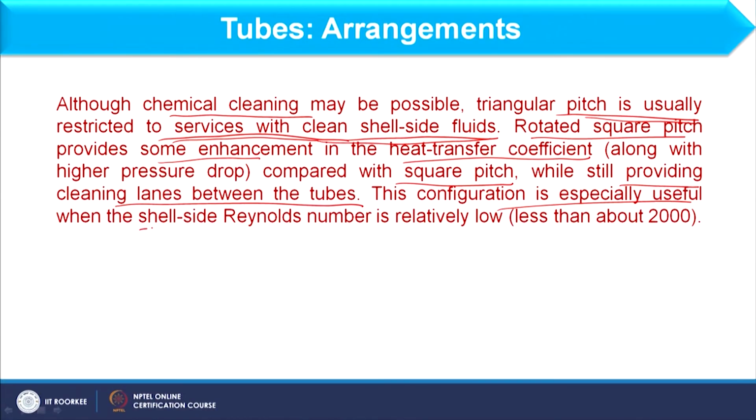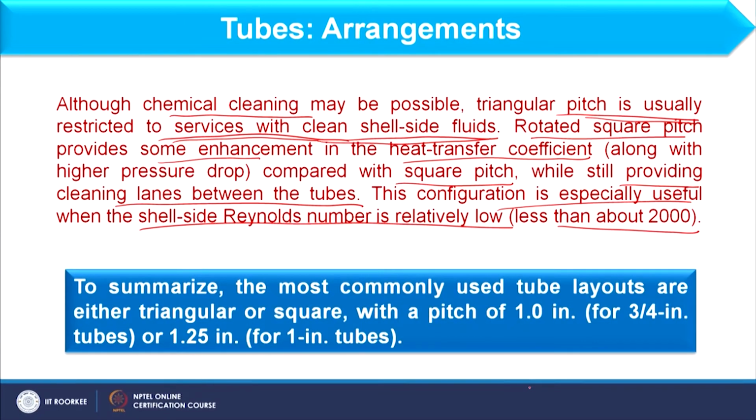However, due to the rotation we can find larger heat transfer coefficient as we required, along with higher pressure drop. So, this configuration is especially useful when shell side Reynolds number is relatively low, less than 2000. So in that way you can consider different arrangements of the tubes in a shell and tube heat exchanger.